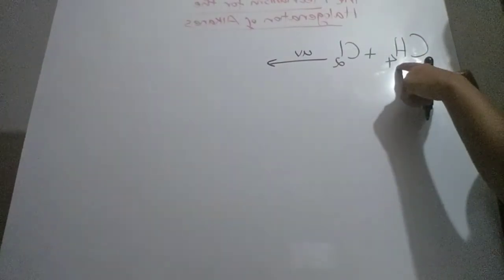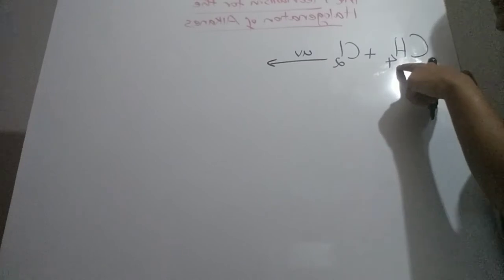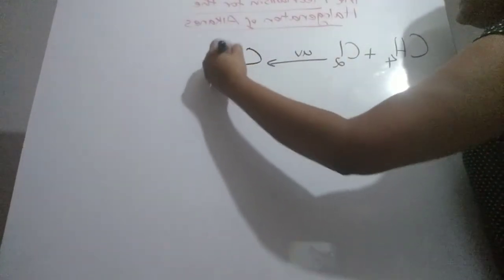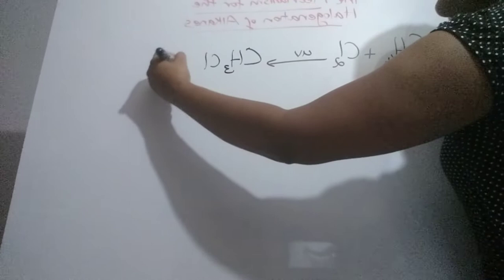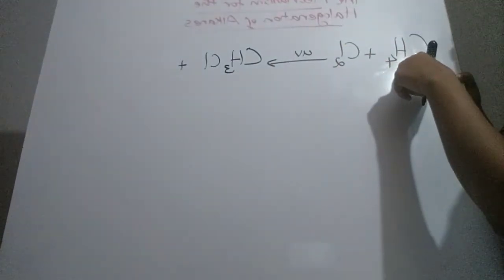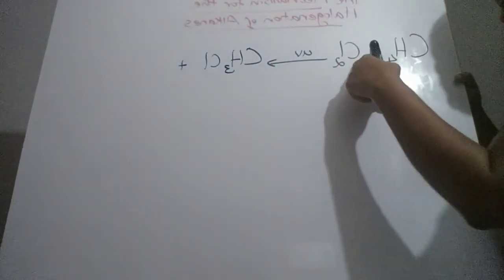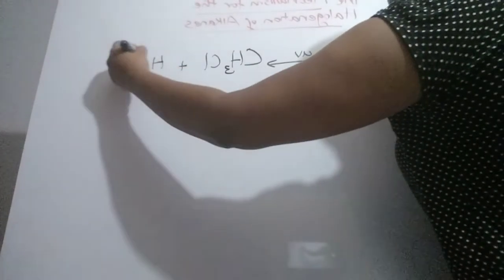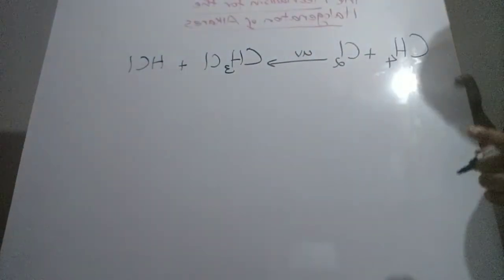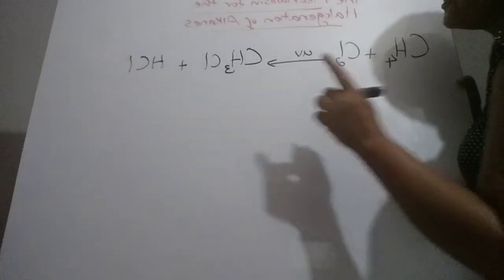Then we'll have one of those chlorine atoms in the molecule substituting one of the hydrogen atoms, and so we get CH3Cl, and the hydrogen that came out bonds with the other chlorine atom to form HCl, hydrogen chloride, not hydrochloric acid, hydrogen chloride.